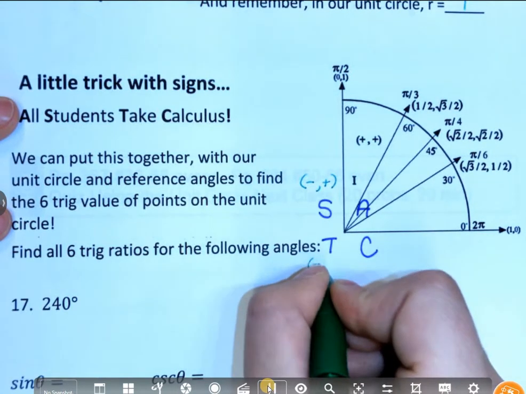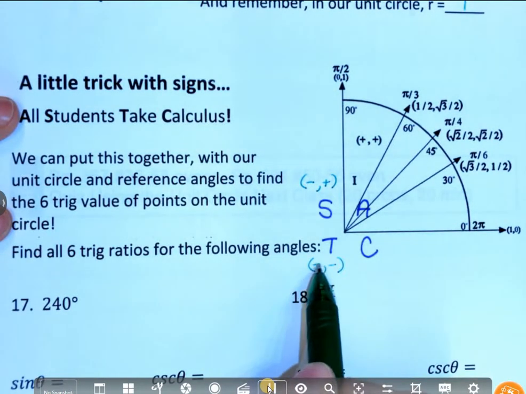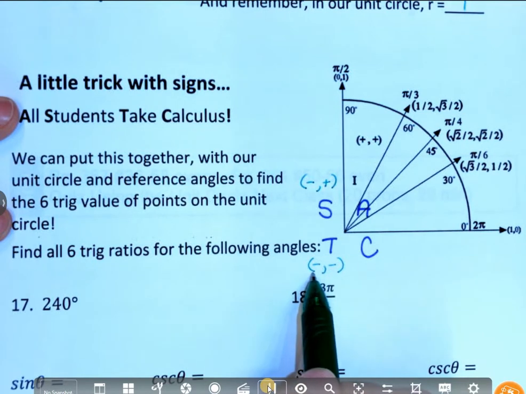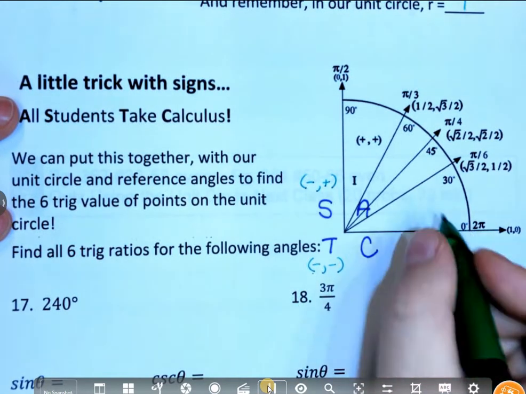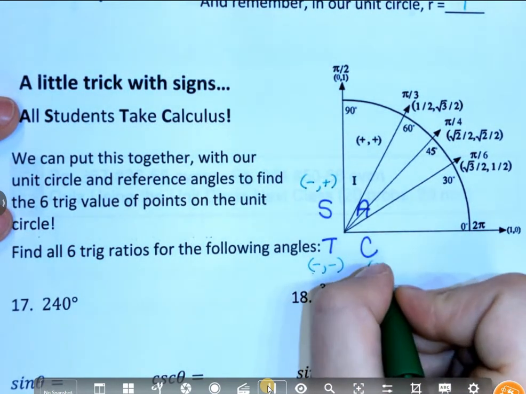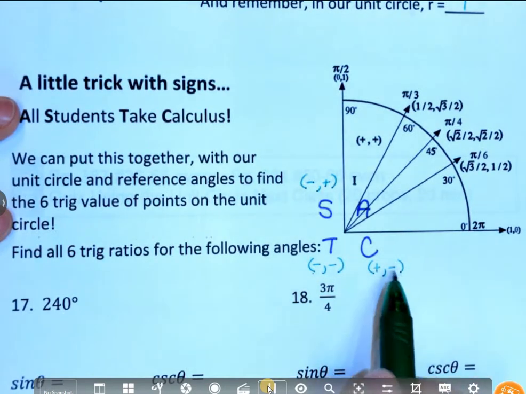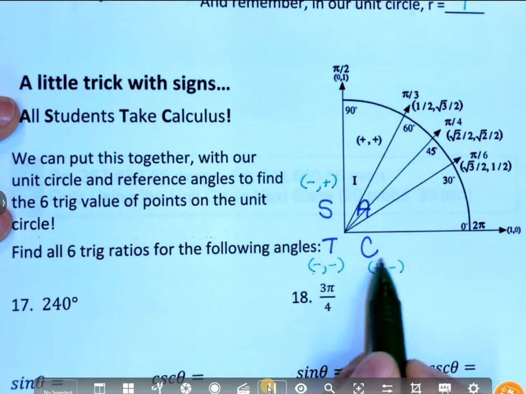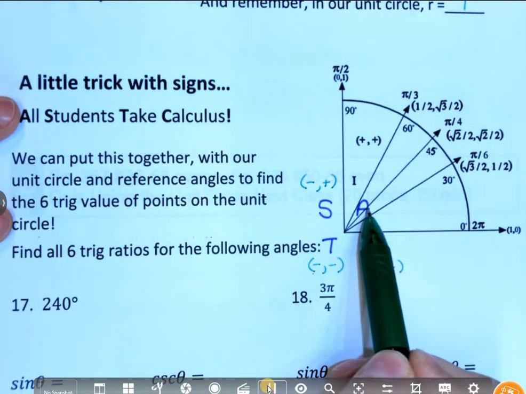Third quadrant, I have negative, negative. So that means sine and cosine are negative. Tangent is going to be positive, hence the t, because negative over negative is a positive. And in my fourth quadrant, that's positive, negative. So sine is negative, cosine is positive, tangent is y over x, so tangent will be negative. So in the first quadrant, everything is positive.